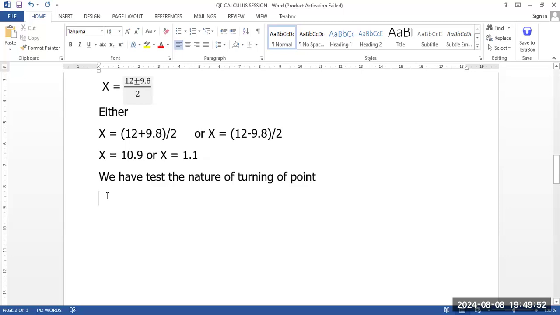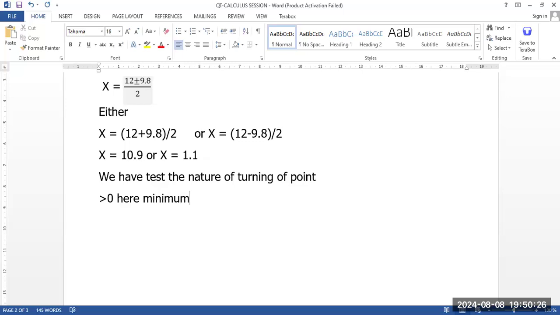If the value you get after the second derivative is greater than 0, we say that here it will be minimum.